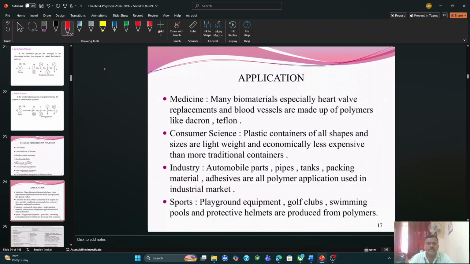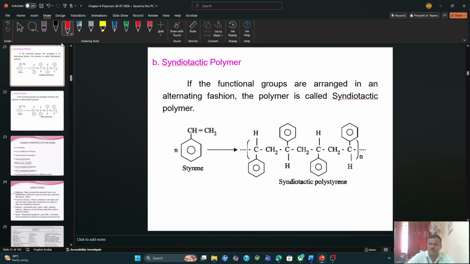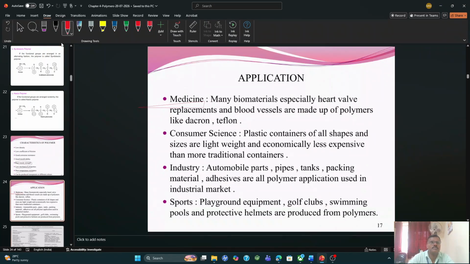Applications of polymers. These polymers play a major role in medicine, and consumer science, in industries, in sports.